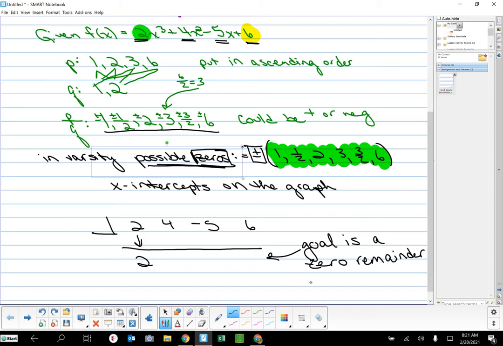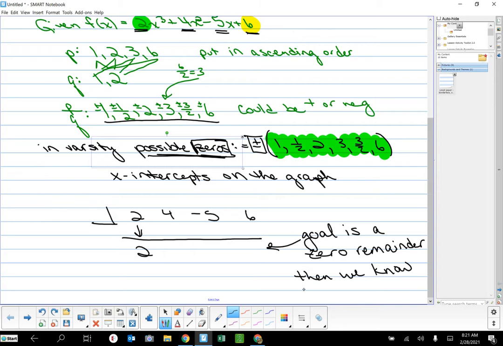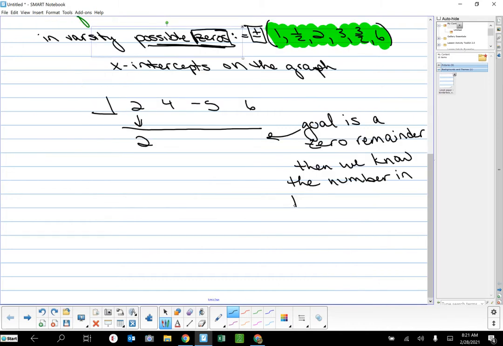And if that happens, then we know the number in the backwards box is a 0, which means it's an answer to the function.